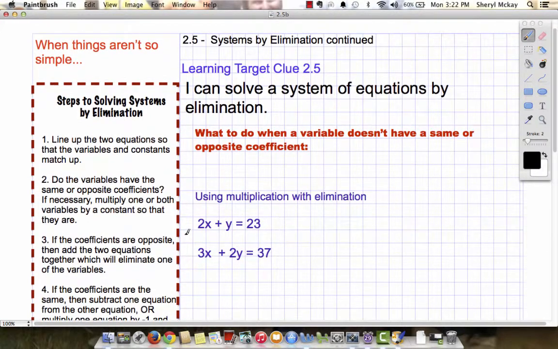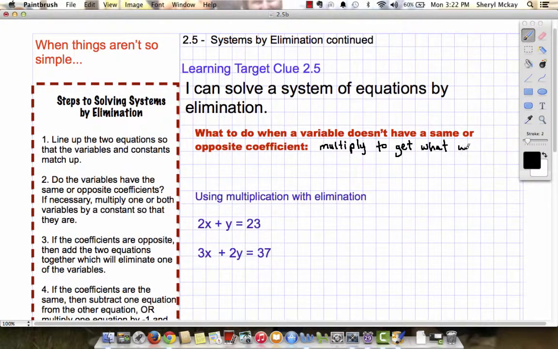But what do we do if the answer to that question is no? The variables don't have the same or opposite coefficients. And here's what we're going to do. We need to get them to be that way. So we're going to multiply to get what we need.